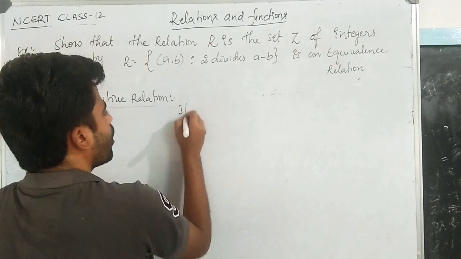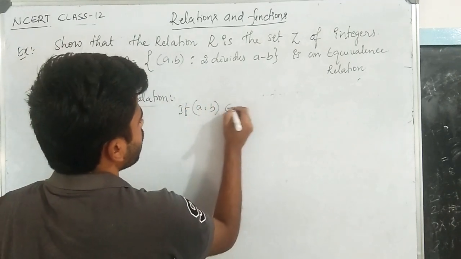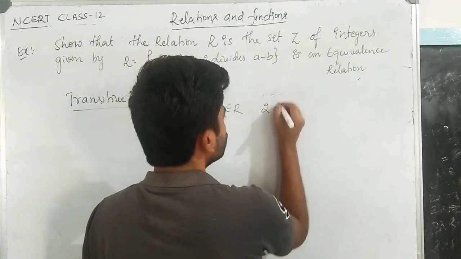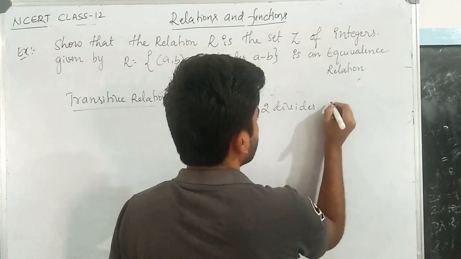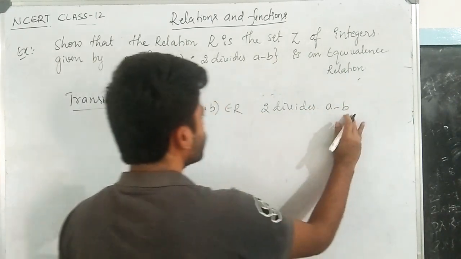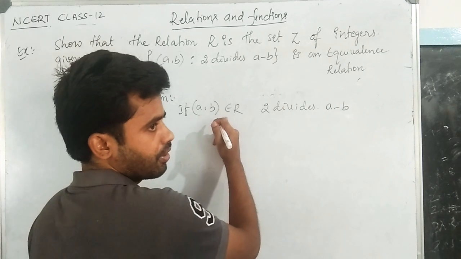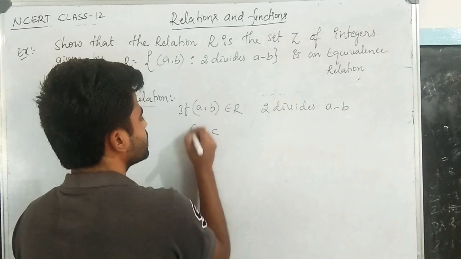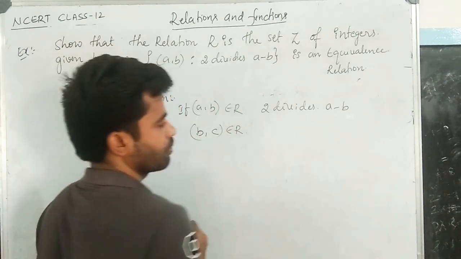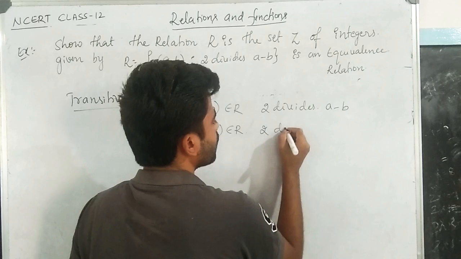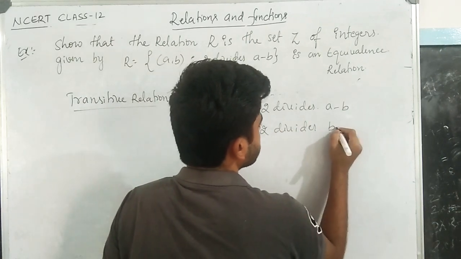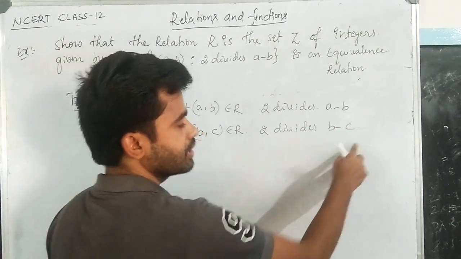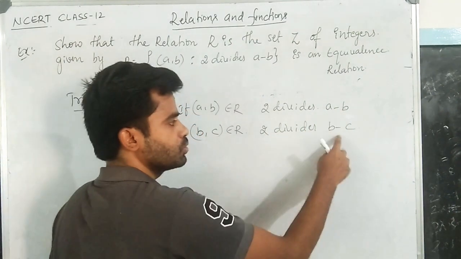I will take two ordered pairs, (A, B) belongs to R. According to the given relation, 2 divides A minus B. Then I take one more ordered pair, (B, C), which belongs to R. Then 2 divides B minus C. Now, 2 divides A minus B and 2 divides B minus C, then 2 divides the sum of these two.